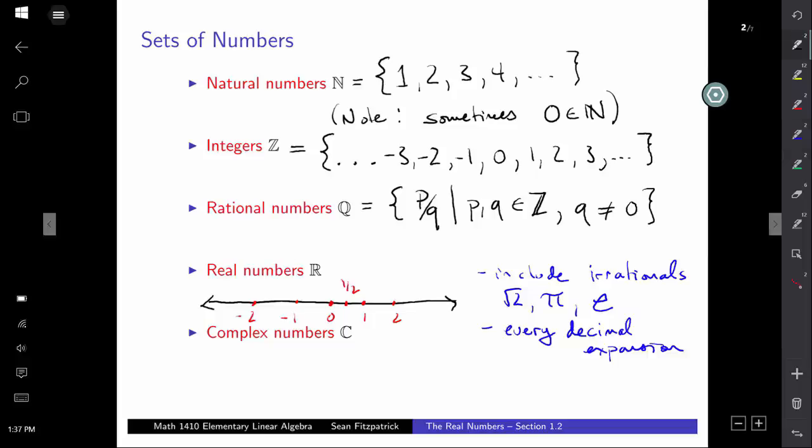Now, the complex numbers are something that we'll be considering very soon. The set of complex numbers are all things of the form x plus i times y, where x and y belong to the set of all real numbers, and this funny i here, well, i is defined to be the square root of minus 1.